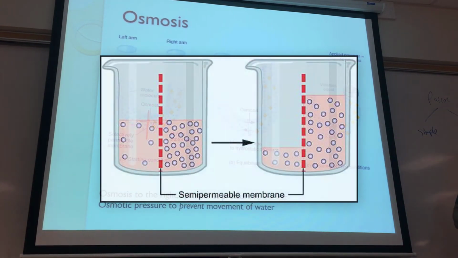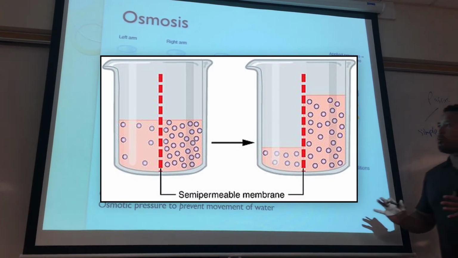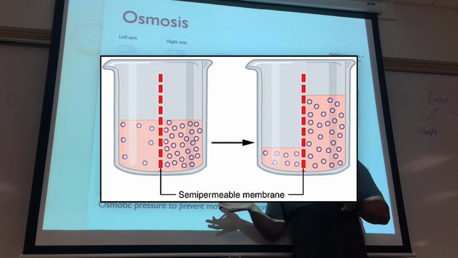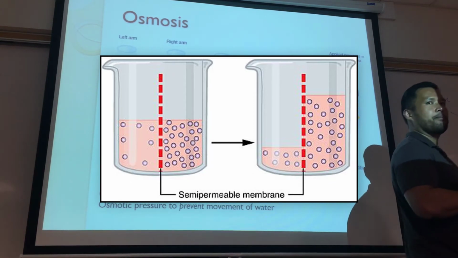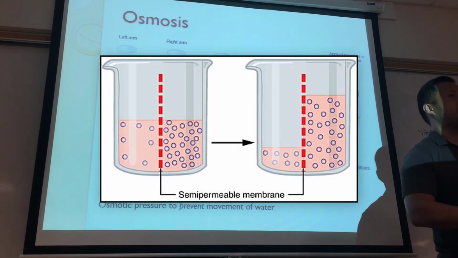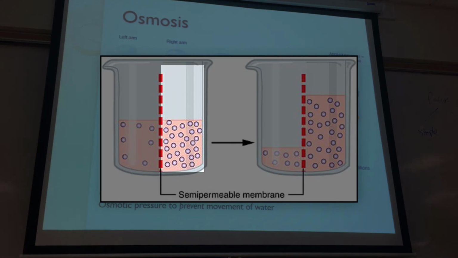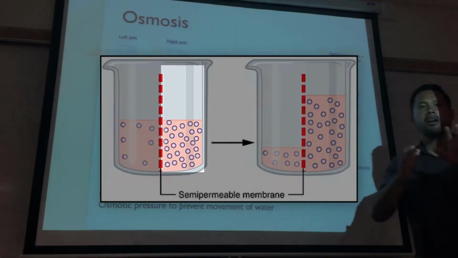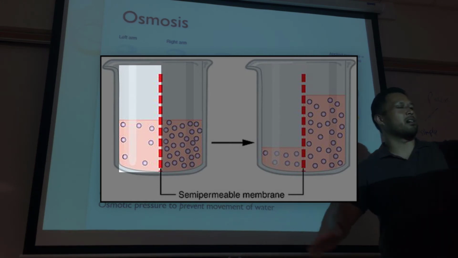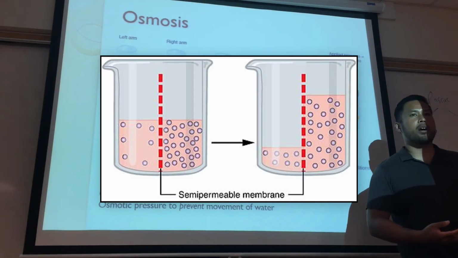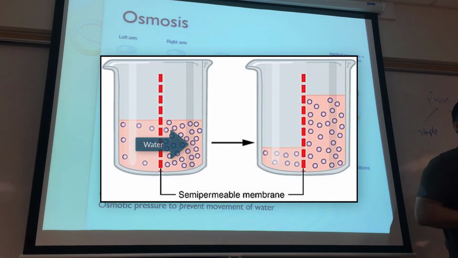The fundamental concept that is important for you to understand before we get into this is that water wants to always move in the direction to balance out the concentrations on both sides. Meaning, if I had a salty concentration on this side and a non-salty concentration on this side, the direction of water would be moving in this direction to balance out the concentrations.